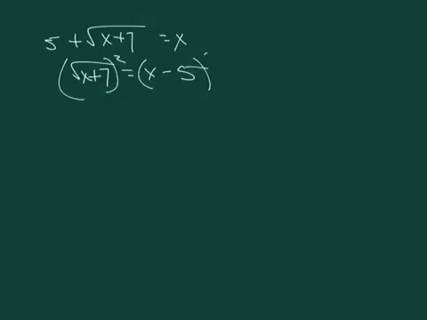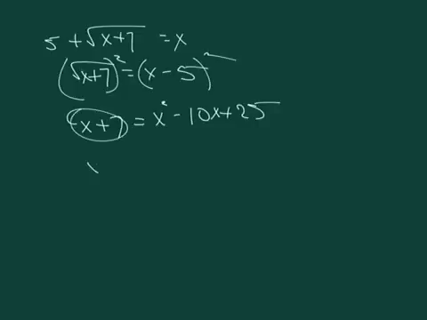When you have a radical, the way to get rid of it is just square both sides. So now I have x plus 7 equals x squared minus 10x plus 25. Now we make that 0. So we have x squared minus 11x plus 18 equals 0, because we brought all that over here. And then we solve from there.